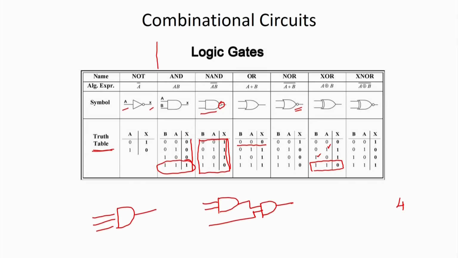Like that we get the effect of a 3 input AND gate, which can be implemented with an electronic circuit. This is possible because these operations are associative. That means (A.B).C is equal to A.(B.C). Since it is associative, such an expansion is always possible.